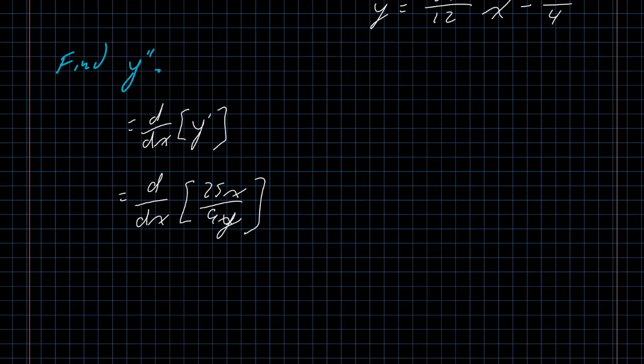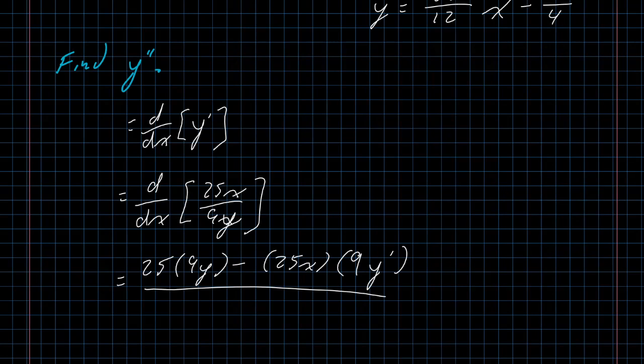That's a fraction. We're going to have to use the quotient rule. Derivative of the numerator times the denominator minus the numerator times the derivative of the denominator. Derivative of 9y is 9, then chain rule, derivative of y is y prime, all over denominator squared.